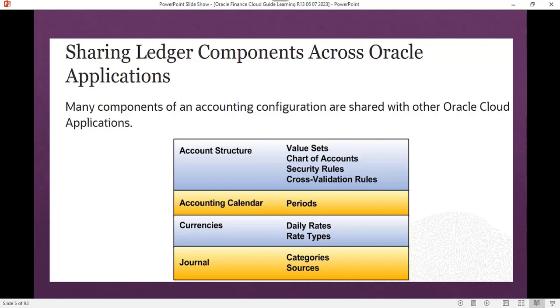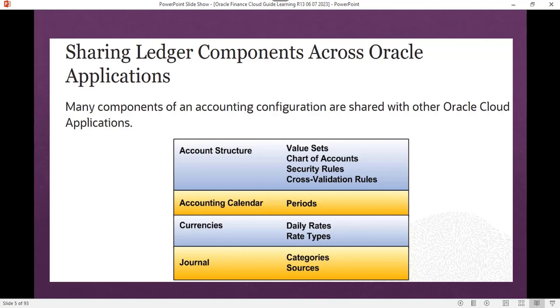So in accounts payable, when I am entering my invoice, I will be using the chart of accounts that I created in general ledger to enter those invoice distributions. So where am I going to charge the cost or whatever it is I have bought? Where is that going to go? What account code is that going to go to?